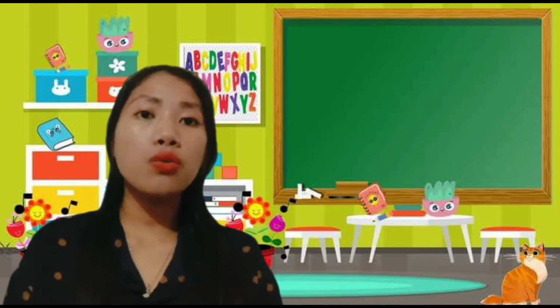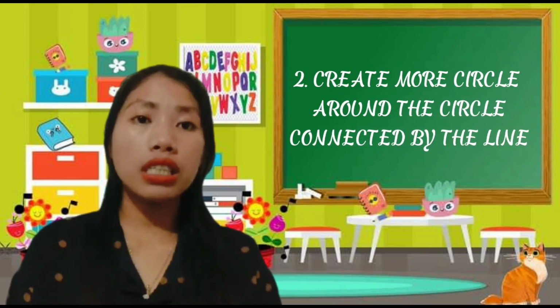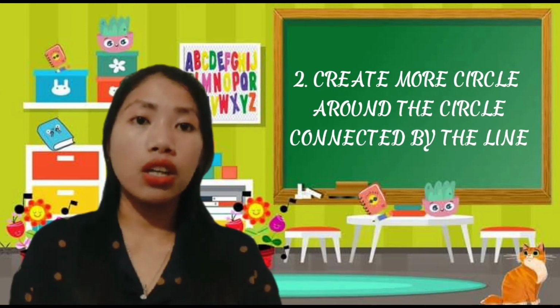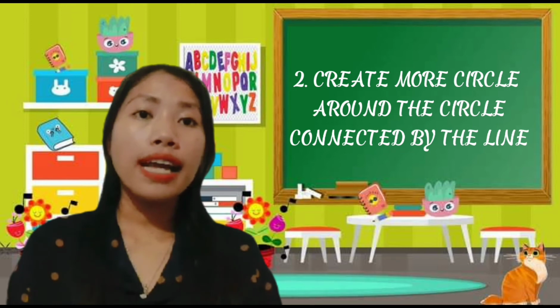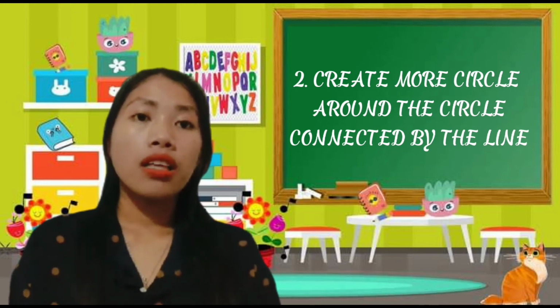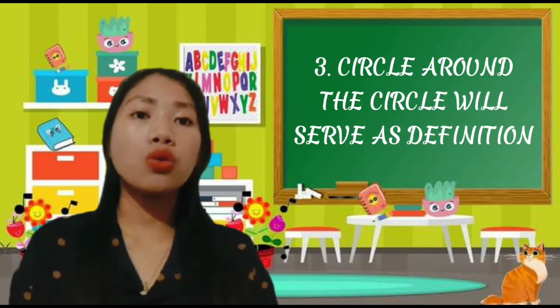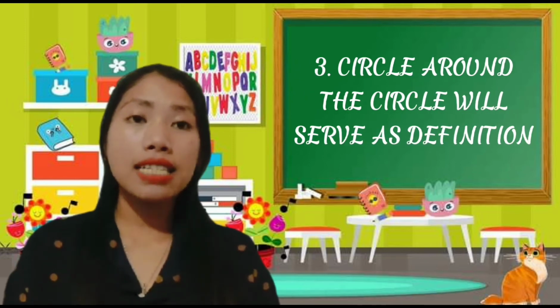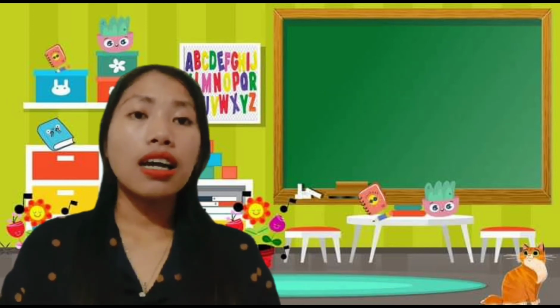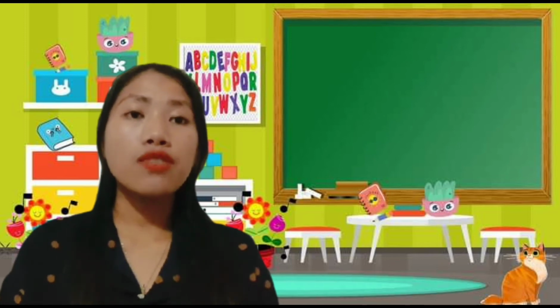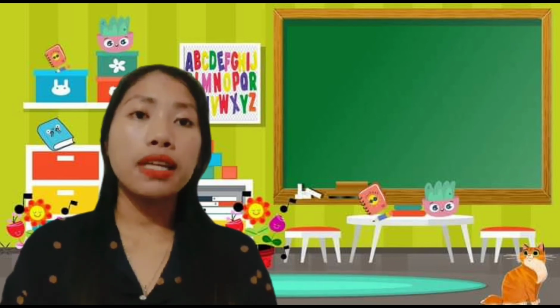Then after that, we create more circles around the first circle we drew. We connect them by using lines. Then the circles around will serve as the definition or ideas for our specific topic.